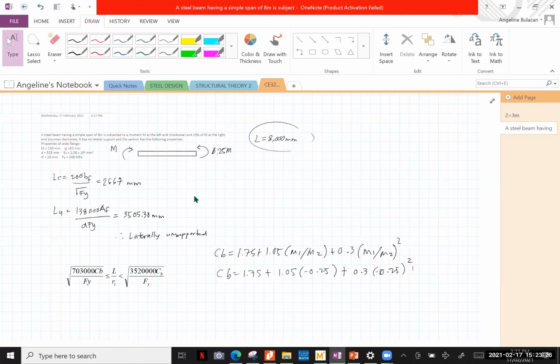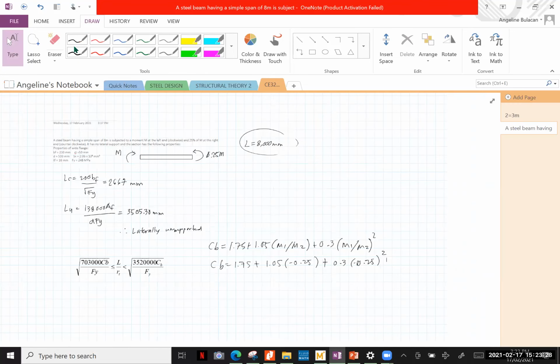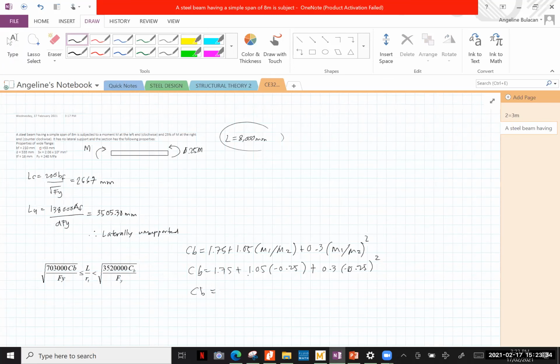Ang lalabas niya na sagot is CB will be equal to 1.51. Now, since this is not more than 2.3, di ba? May condition tayo, this should be less than or equal to 2.3. Now, since less than naman siya, we will use this as your CB.